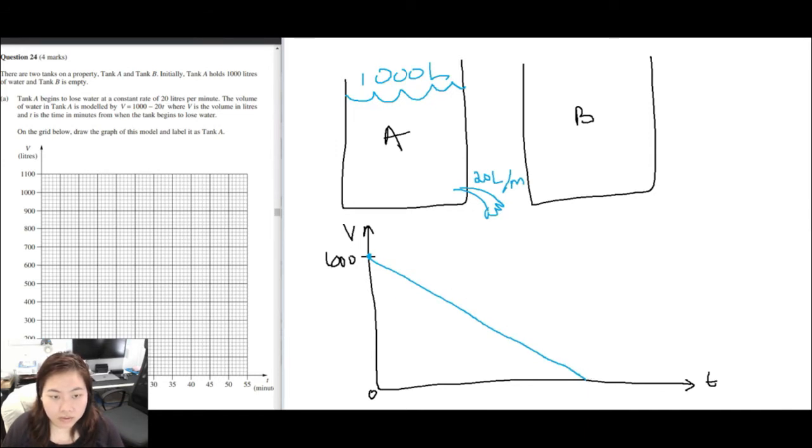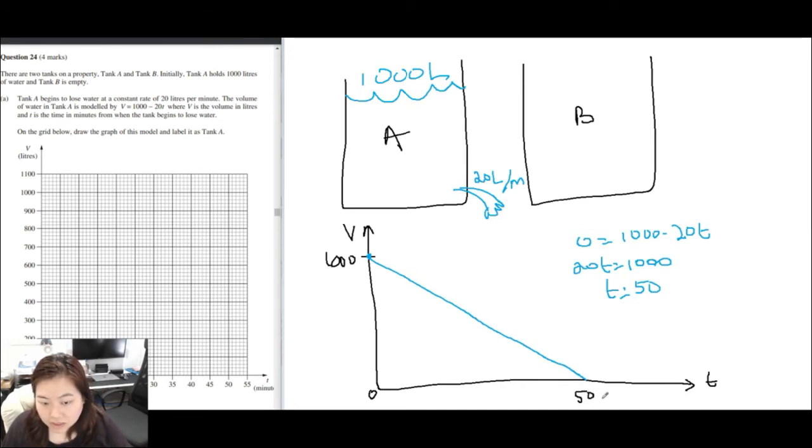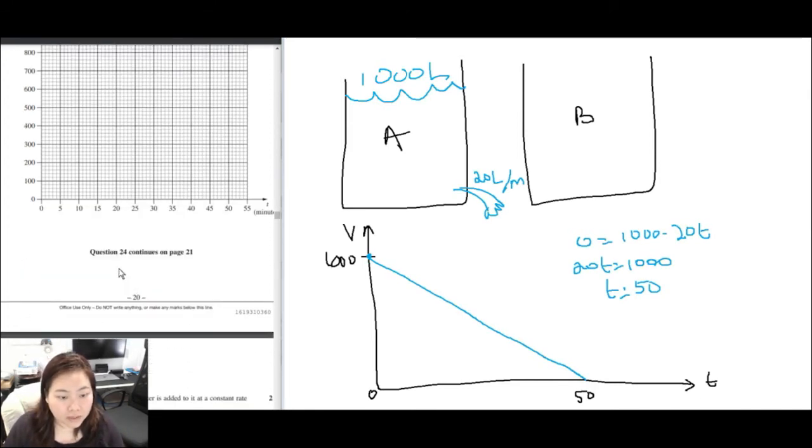When V is 0, 1,000 minus 20t is 0, so 20t equals 1,000. T will equal 50. So it'll hit 0 at 50 minutes.